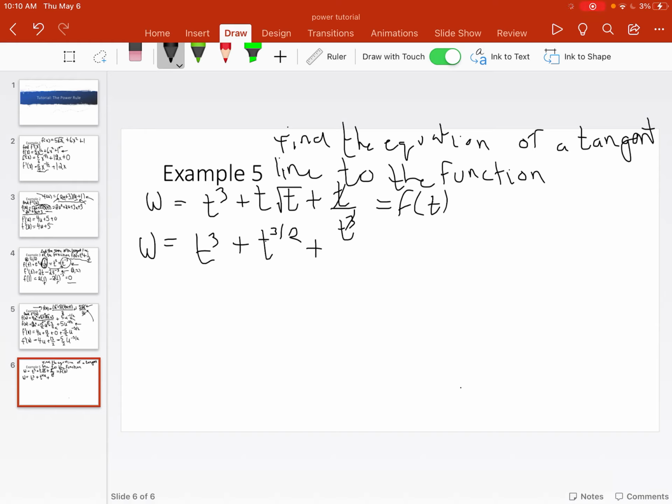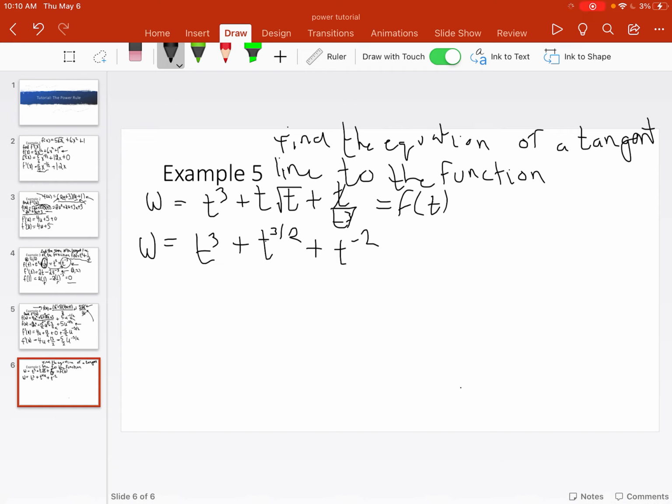And our last one, we just cancel, and we get t to the negative 2. These cancel, and then you're left with 1 over t squared, and we can convert that to just t to the negative 2. So now we've got a pretty easy format to work with.